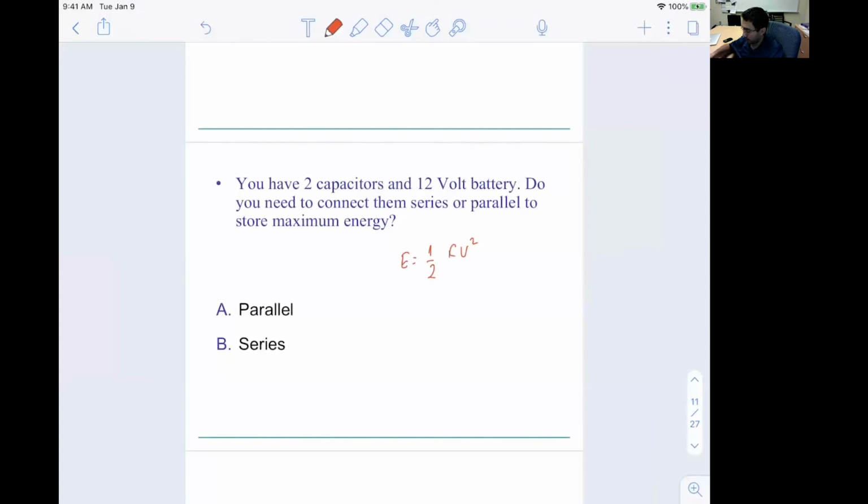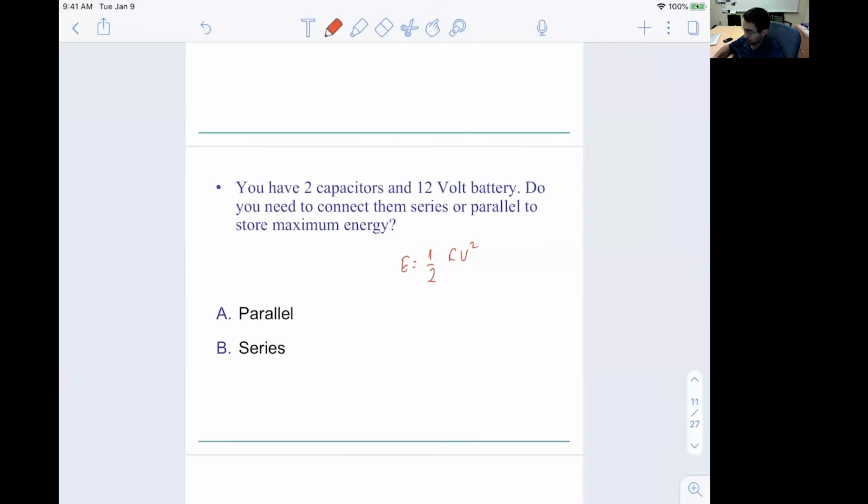Now you have a constant battery, right? Your goal is to maximize the energy. So energy is proportional to the capacitor, so you would like to increase the capacitor. To increase the capacitor, you need to connect them in parallel.